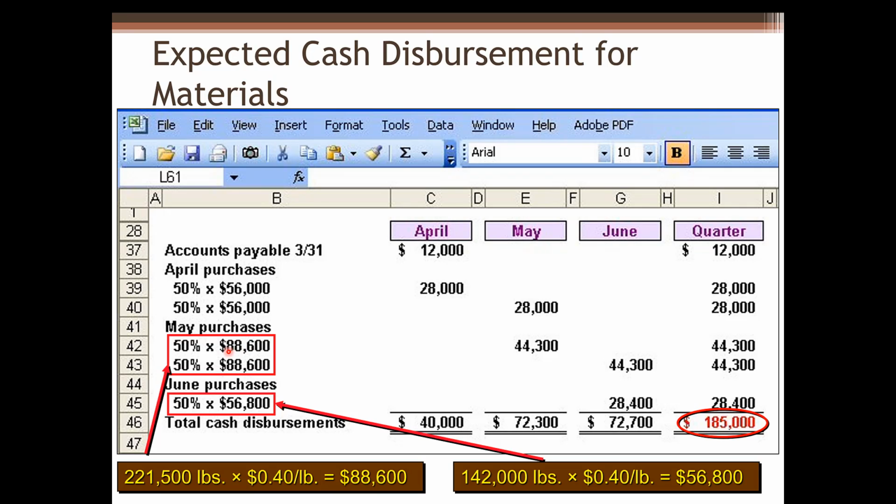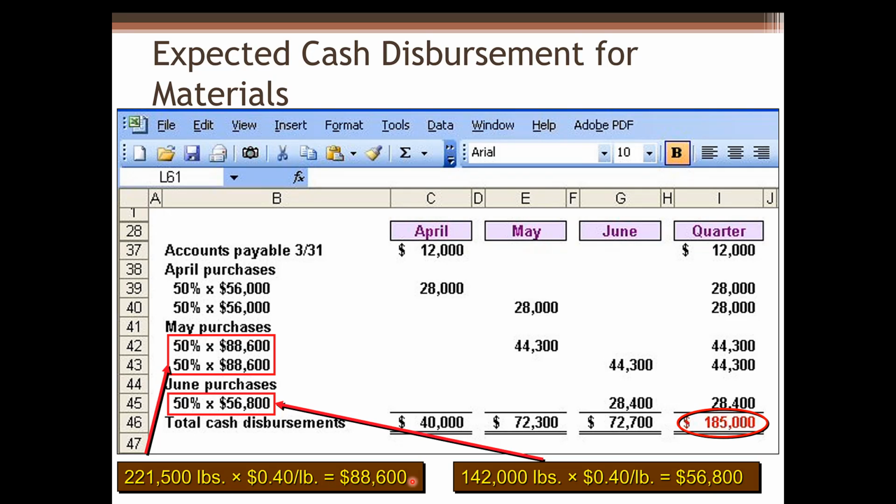For May purchases, from the direct materials budget table, materials to be purchased should be 221,500 pounds. For each pound, the company pays 40 cents.